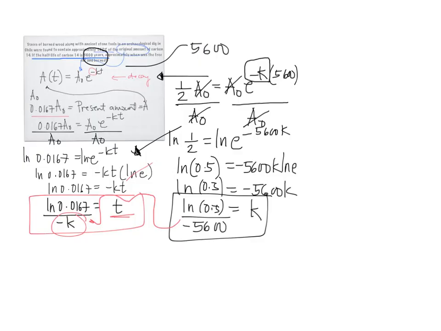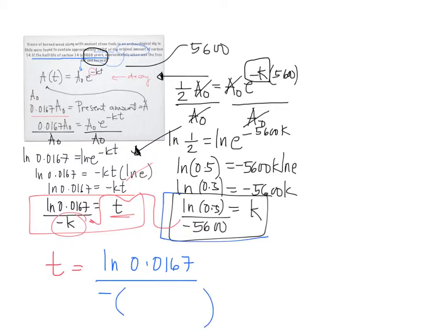So t is equal to ln of 0.0167 divided by the negative of k, which is this value, ln of 0.5 over the negative of 5,600.